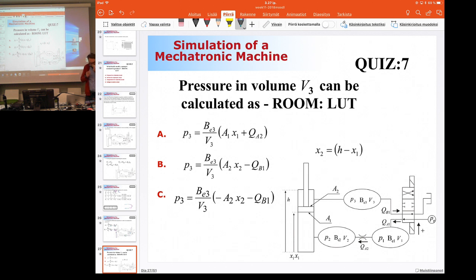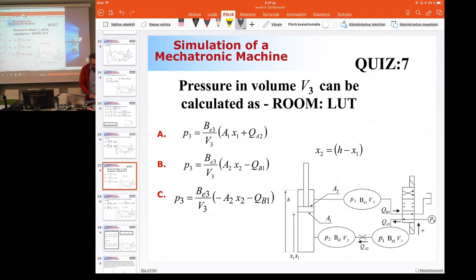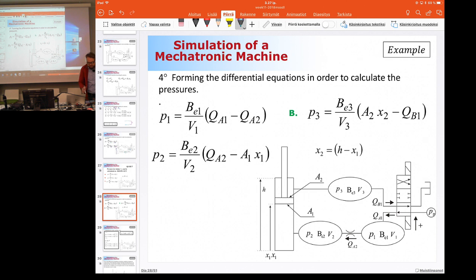The piston motion is actually bringing the flow rate into the system, so it's this one here, and the QB1 is the one that is leaving. So that's where the signs come from.